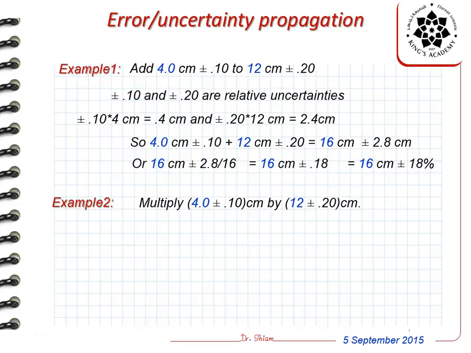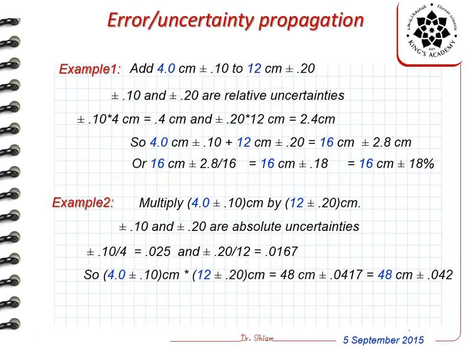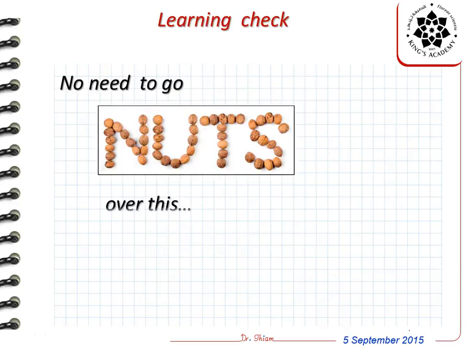We multiply the two numbers, and the relative uncertainties are added. So we figure out the relative uncertainties, and then we add them. 4 times 12 is 48, and we add the relative uncertainties.